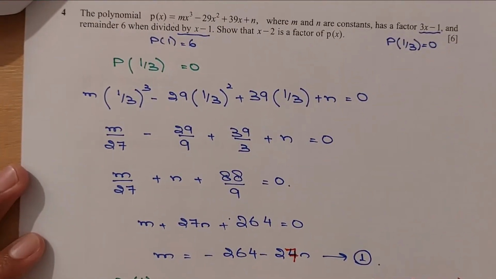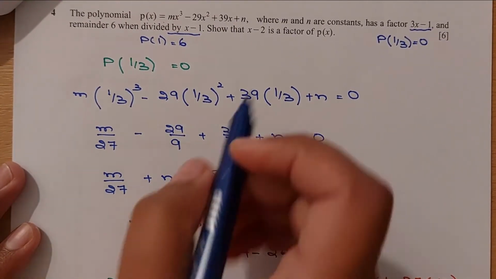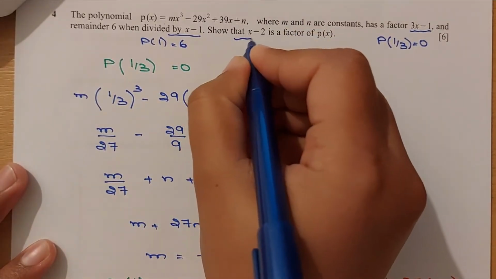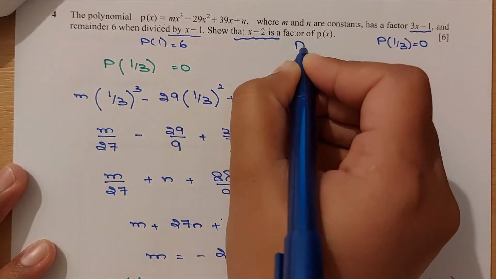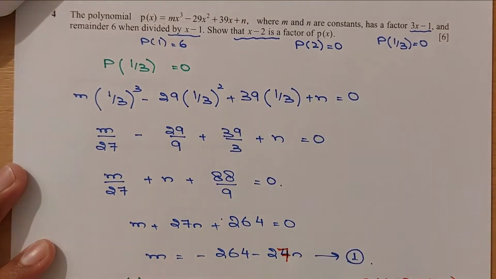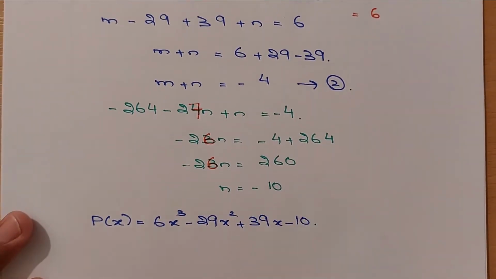Now we have the question: show that x minus 2 is a factor of this polynomial. So if x minus 2 is a factor, it means when we put in p of 2, we must get 0, right? So let's see what p of 2 is.